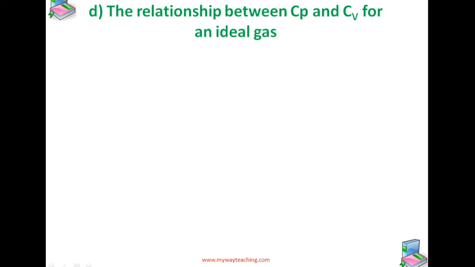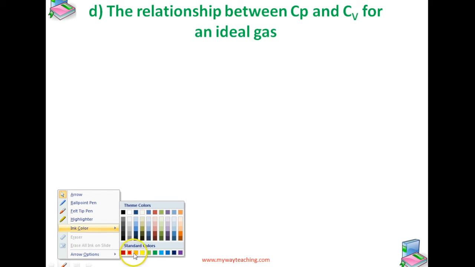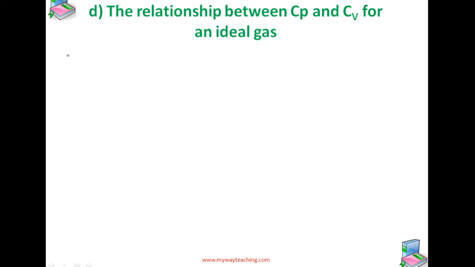The relationship between Cp and Cv for an ideal gas. What do you mean by Cp and what do you mean by Cv? Do you have any idea about Cp and Cv?